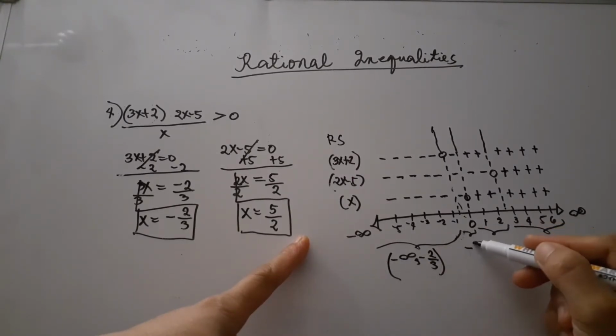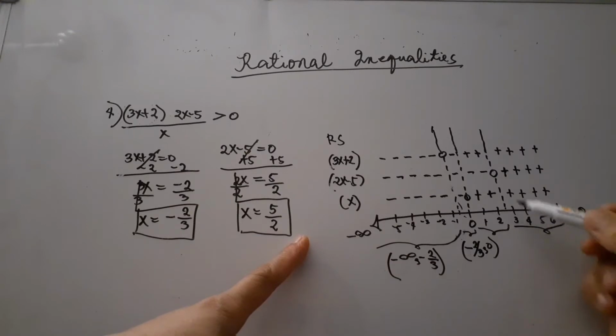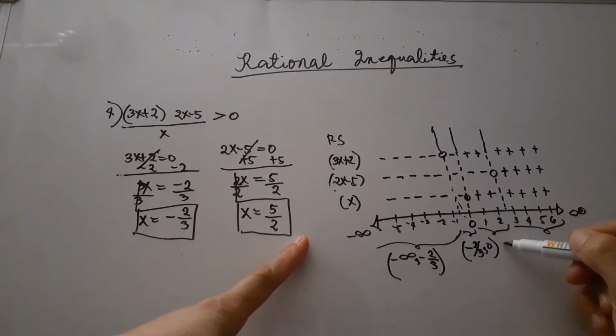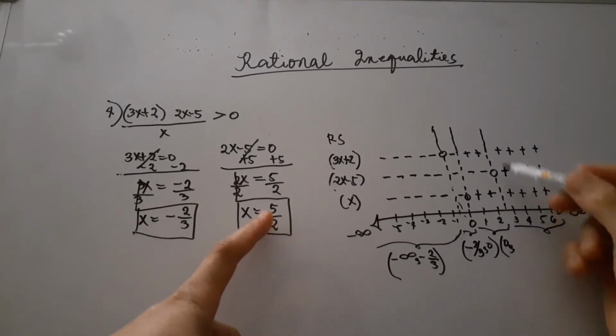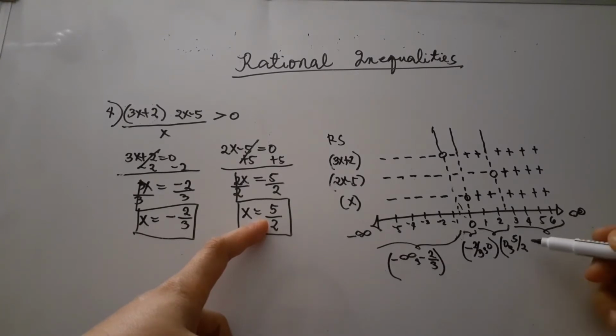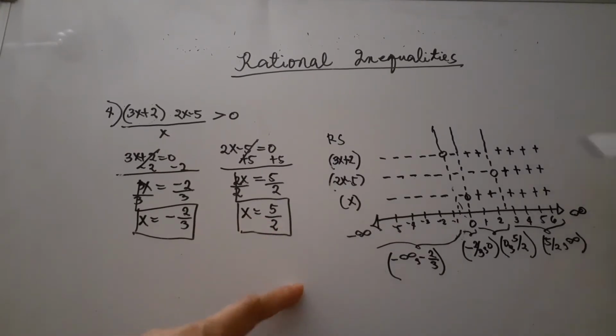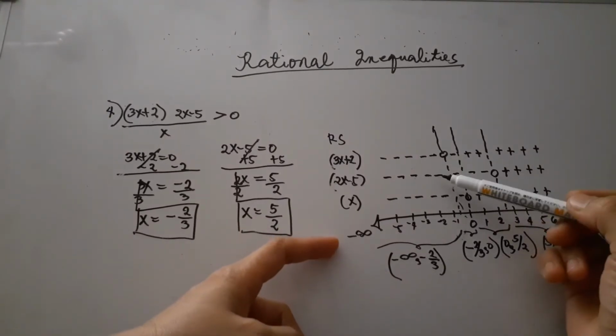And in this area, we have negative 2/3 and 0. So we have 4 intervals. And then in this interval, we have 0 and 5 over 2. The last one is 5 over 2 and positive infinity. So let's have a resulting sign.